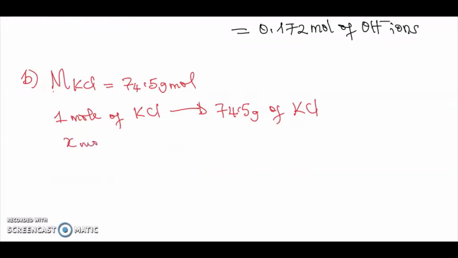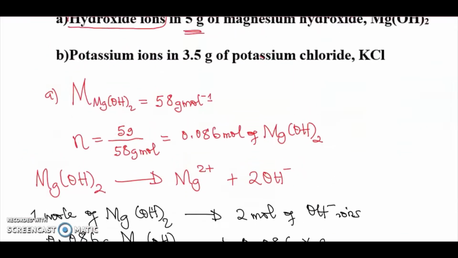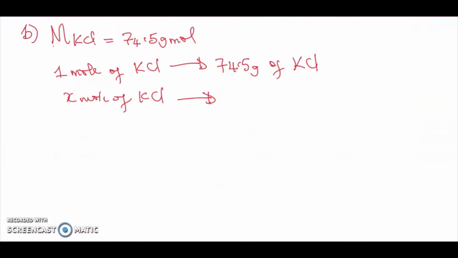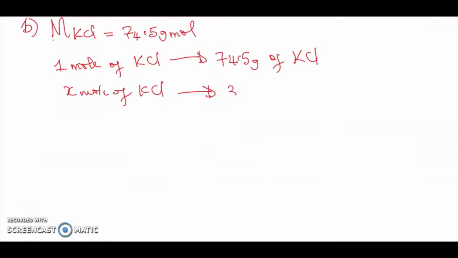X mole of KCl will contain the mass given in the question. Remember, the mass in the question is 3.5 gram. X mole of KCl contains 3.5 grams of KCl.